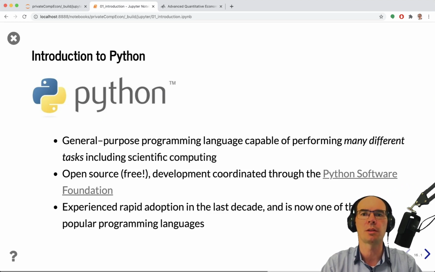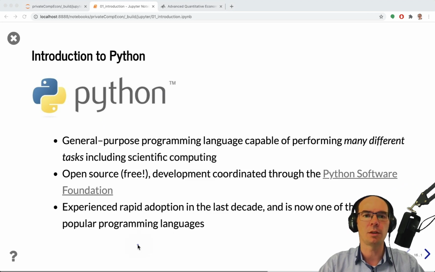I think knowing Python is a really important and valuable skill that can be useful outside of your studies. Of course, it's a free open source language, so we can all work in the same environment, which unfortunately is not the case for other scientific computational packages like MATLAB, for example.